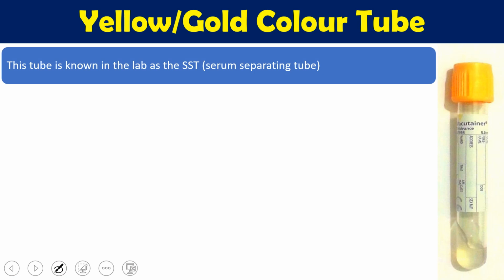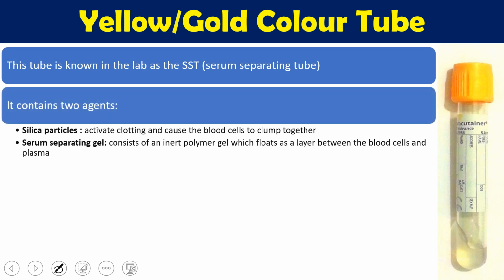This serum separating tube contains two components. One is silica particles, and the second is serum separating gel. Silica particles work to activate clotting and cause the blood cells to clump together. So for blood clotting purposes we use silica particles.